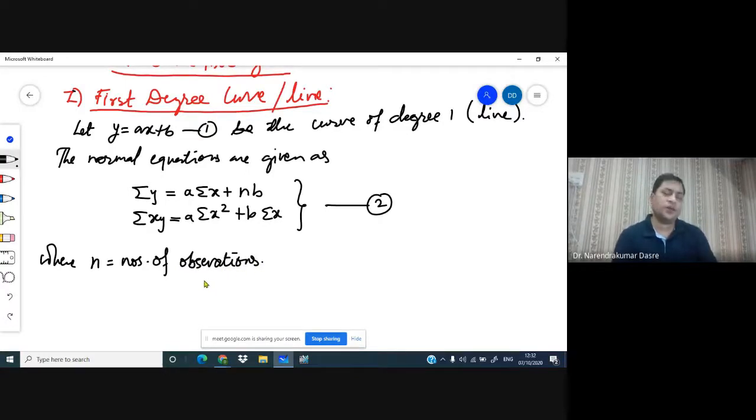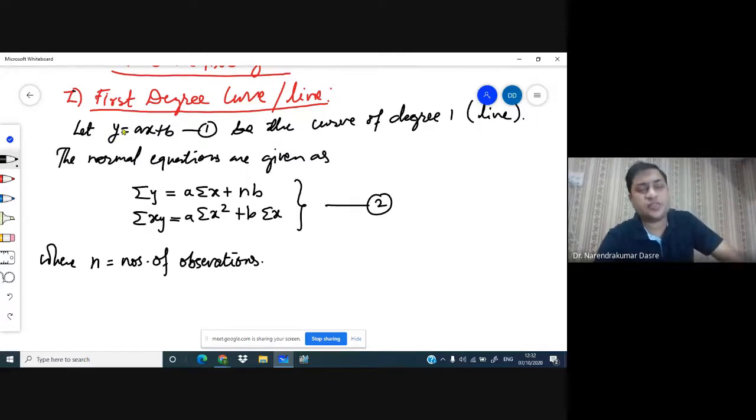Okay, so here these are the number of observations. As we know, we want to find the unknown values of a and b. So a and b are unknowns for us, and that's why we wanted two equations. So I have considered the two equations, but x and y are the data sets. I cannot consider only one or two values or a few values out of this.